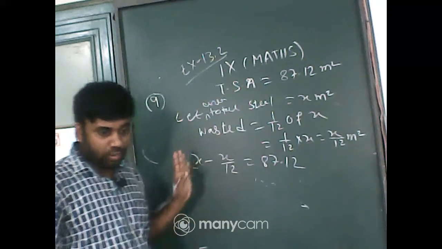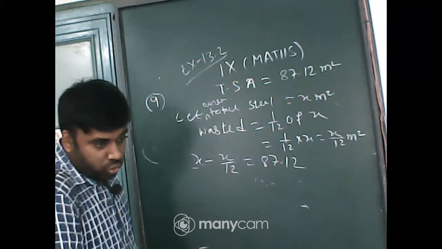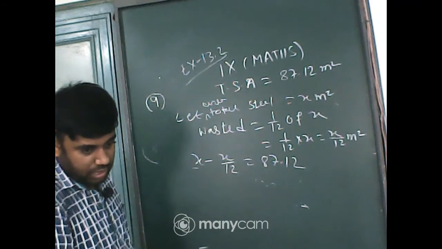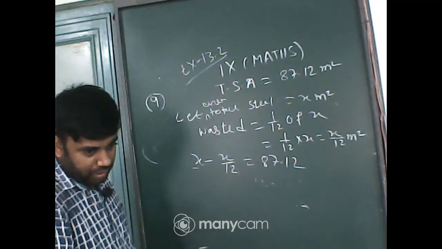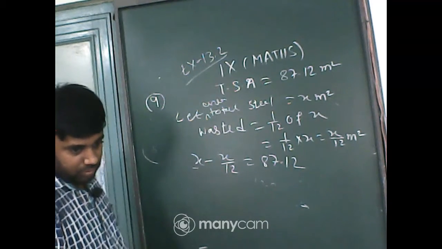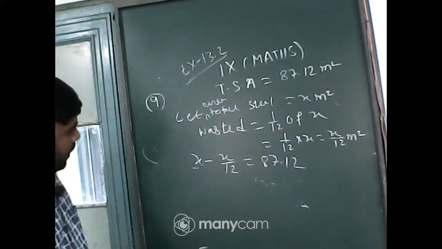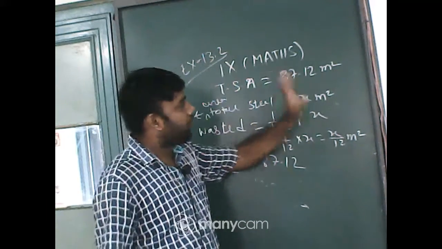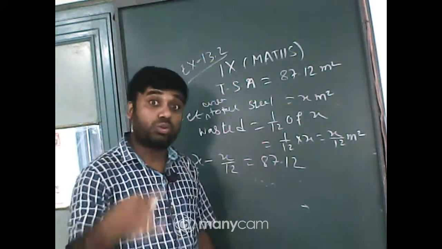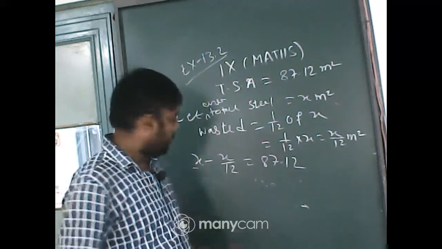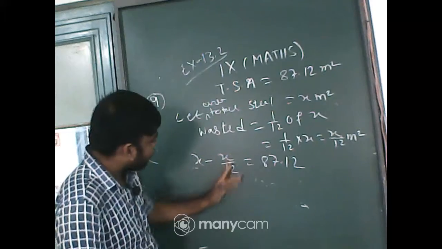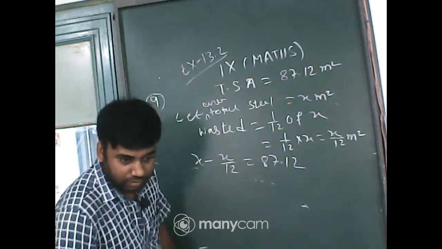Any problem? Suhit, Aharit, Ritika, Sohelika, Priya, Sneha, Raima, any problem? Actually the area of the closed cylinder is 87.12, but it is without wasting. Total sheet required I have taken x, minus wasted equals the closed cylinder area.